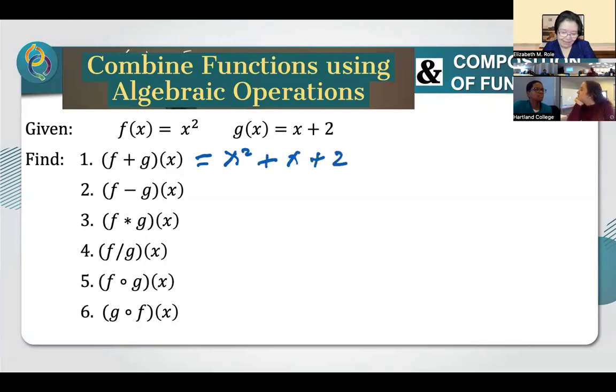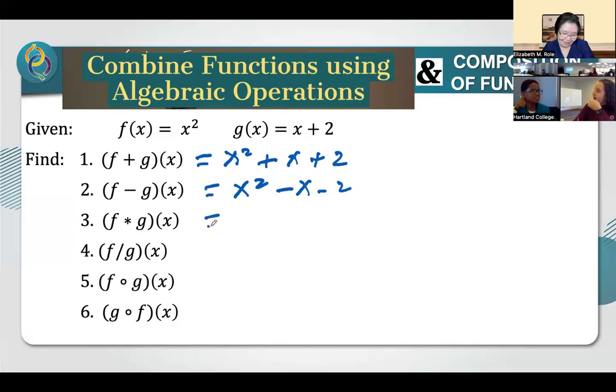Very good. Okay, this one, x squared minus x plus 2, or minus x minus 2? X minus 2. Okay, it's minus 2 because you are subtracting minus of x plus 2.